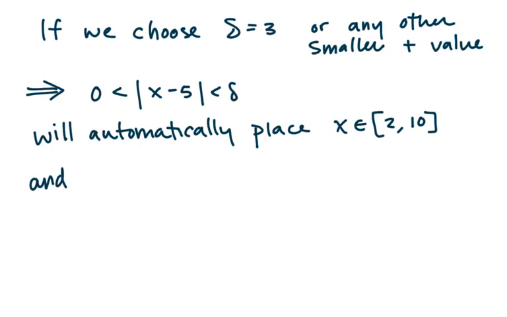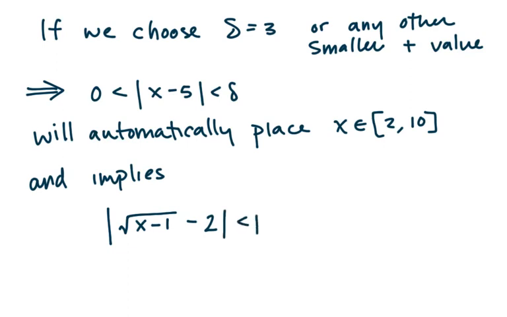And it implies that the function square root of x minus 1 minus the limit 2 is less than 1.